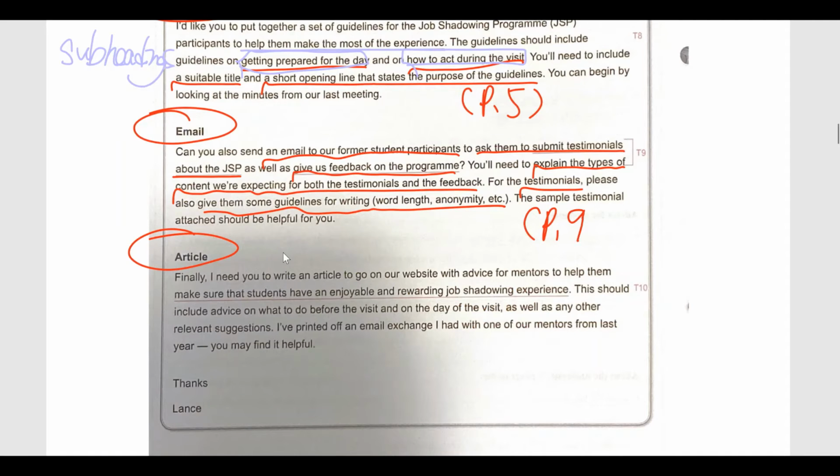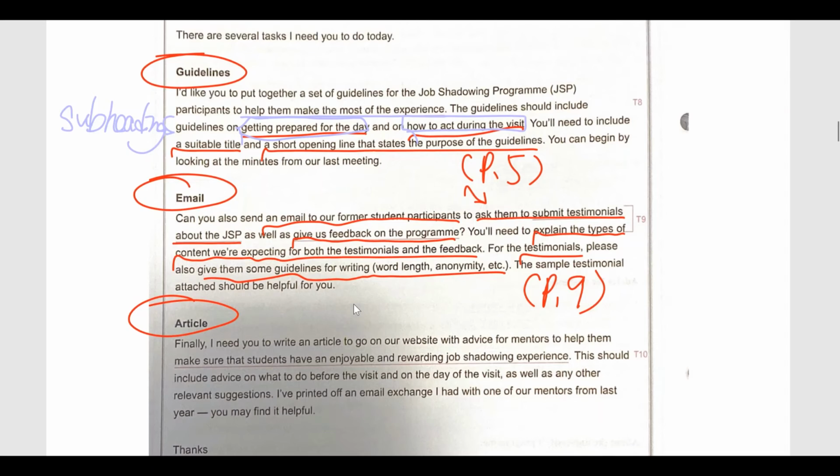Page 9. Okay, so this is an email, and you can start by writing "Dear former student participants." Then you can start by writing, "I am writing to ask you to submit testimonials about the job shadowing program and give us feedback on the program."